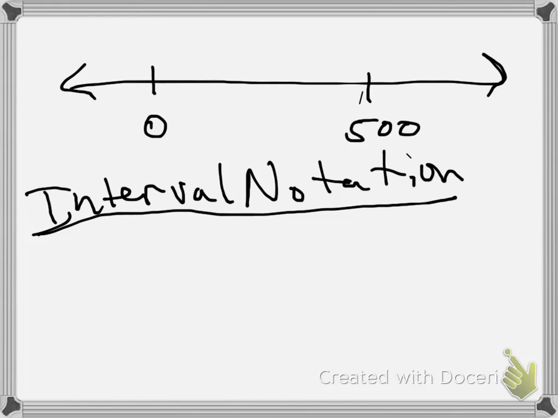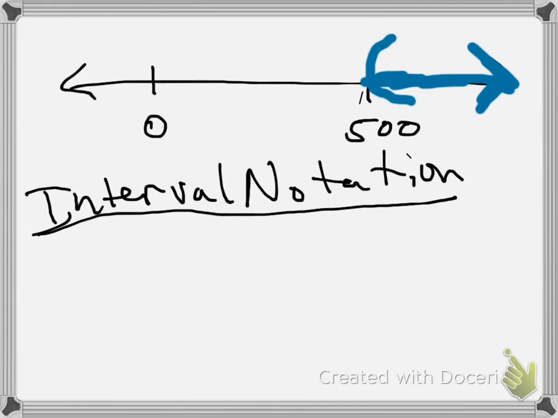One of the ways you can do it is with a number line. Here we have the number line, and all of the values that made the inequality true were all the values that were greater than 500. In this case it did not include 500, so we need a parenthesis, not a bracket.